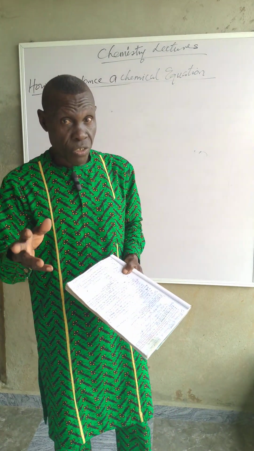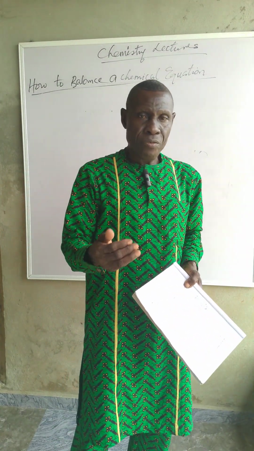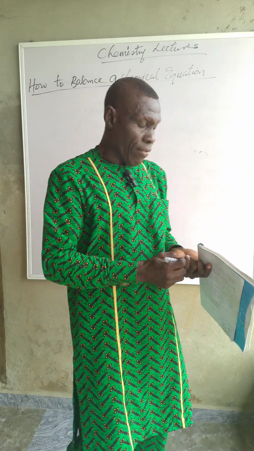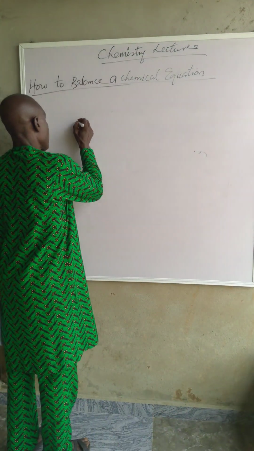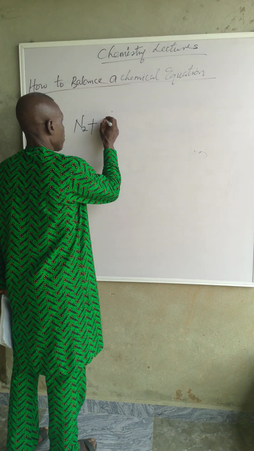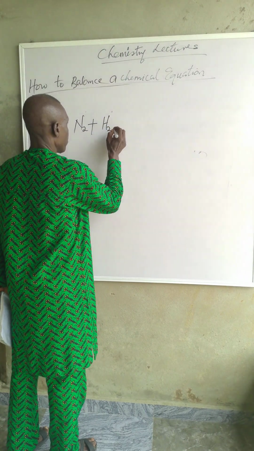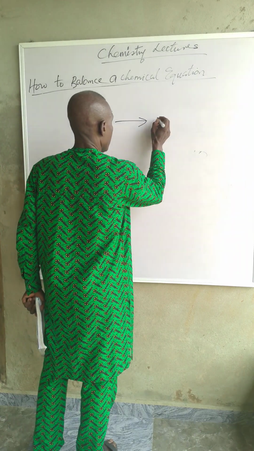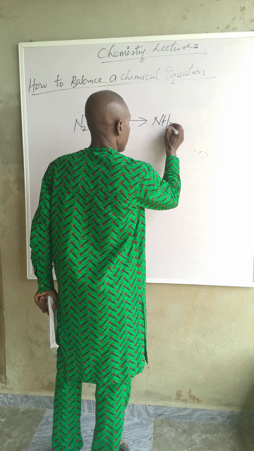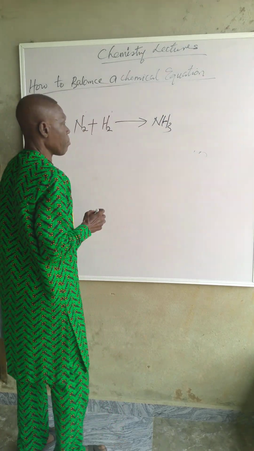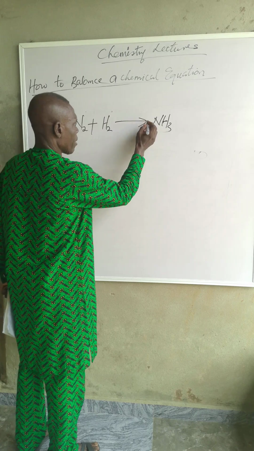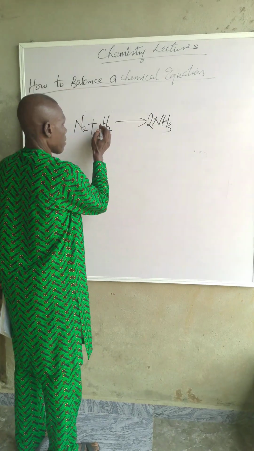In any chemical equation, you have the reactants and the products. Let me give an example. Nitrogen plus hydrogen gives you ammonia. Let me just balance it first so that we can react to it.